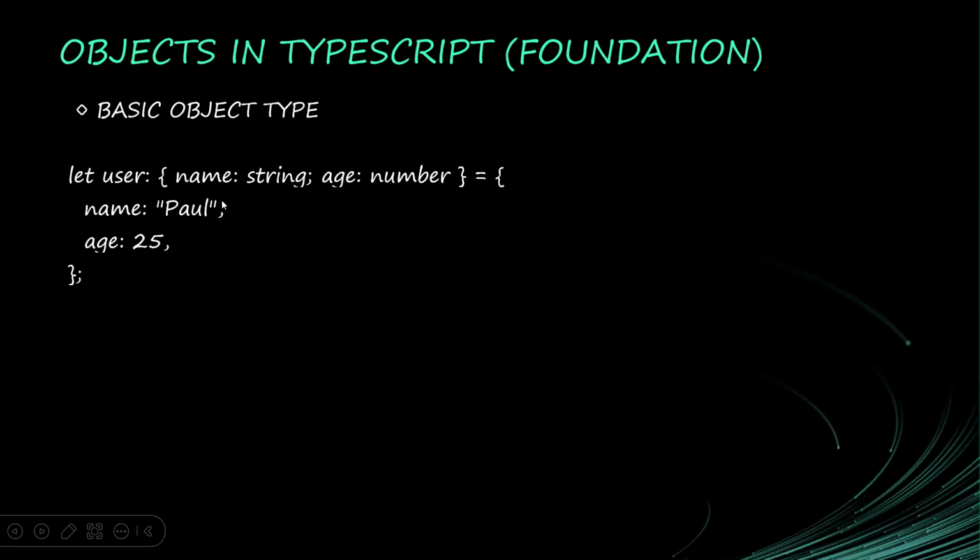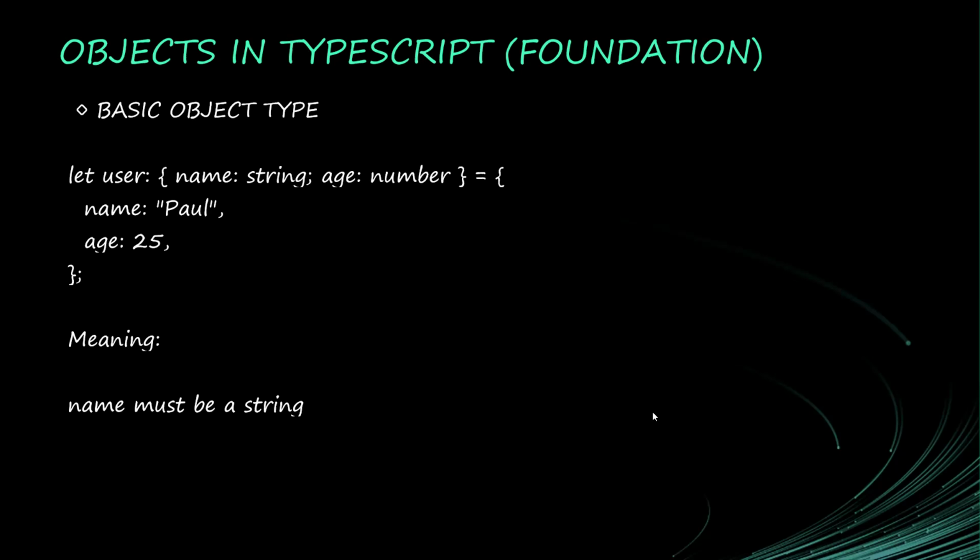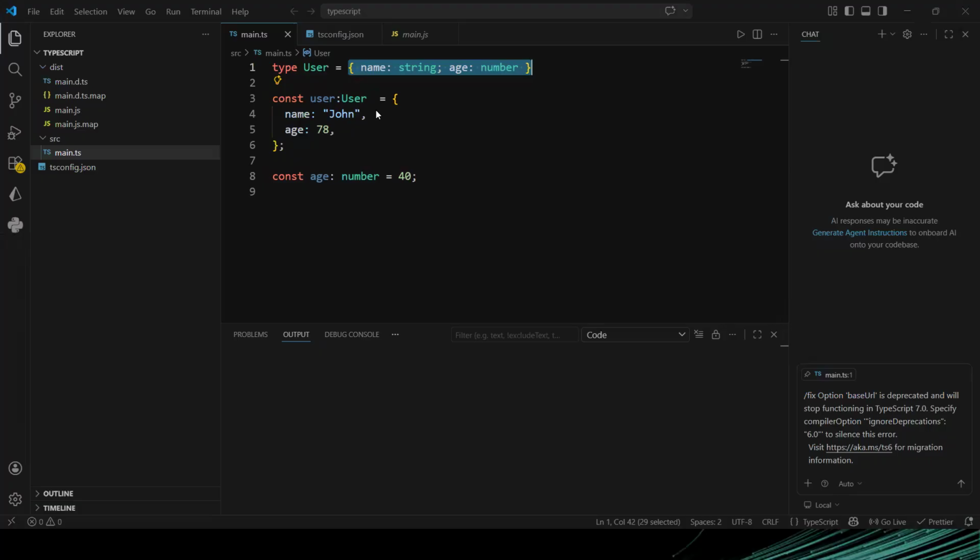So when you take a look at this basic object type, normally without TypeScript, we don't need to give it a type, but here we have given it a type, and with this type, it actually helps us when we are assigning values to this user. So now name must be a string. Age is a number.